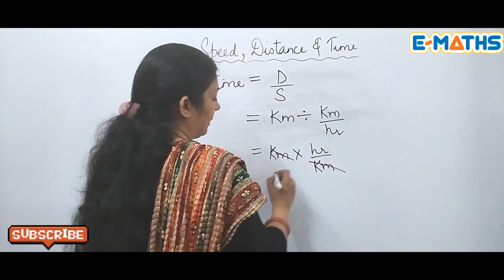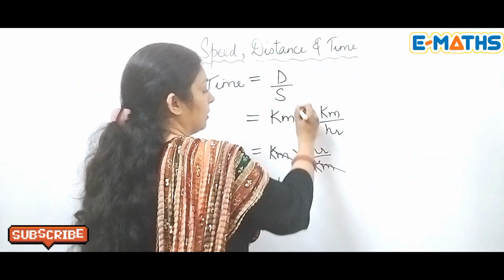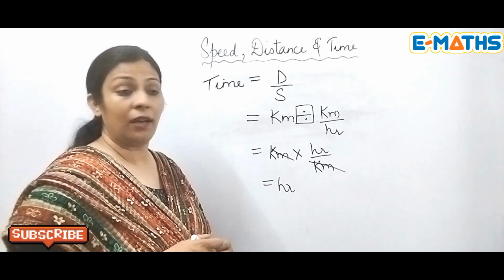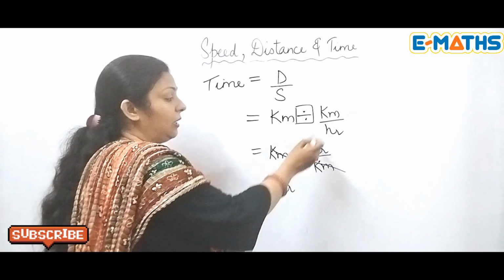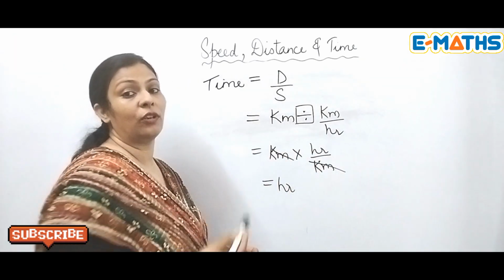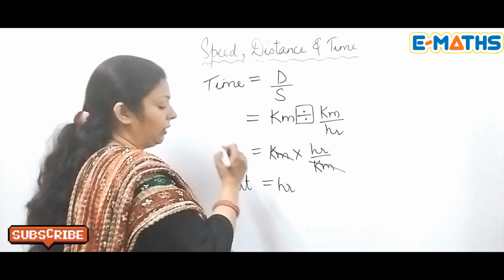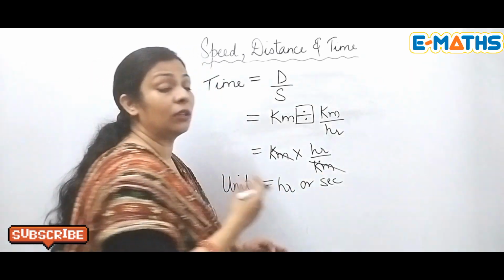Kilometers will get cancelled and only hour is left, because in fractions, if you have this division sign, then you must know that it is keep me, change me, turn me over. That's what I've done in finding out the unit for time as well. So our unit came out to be hour, or it can of course be second.